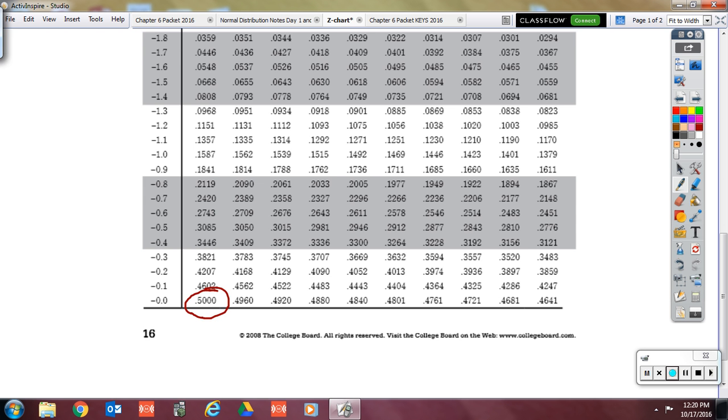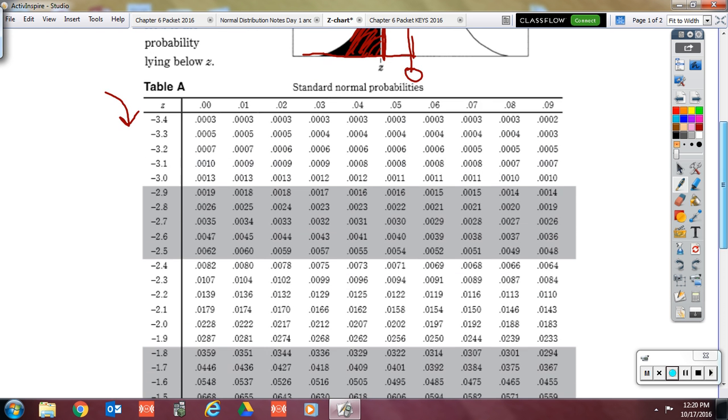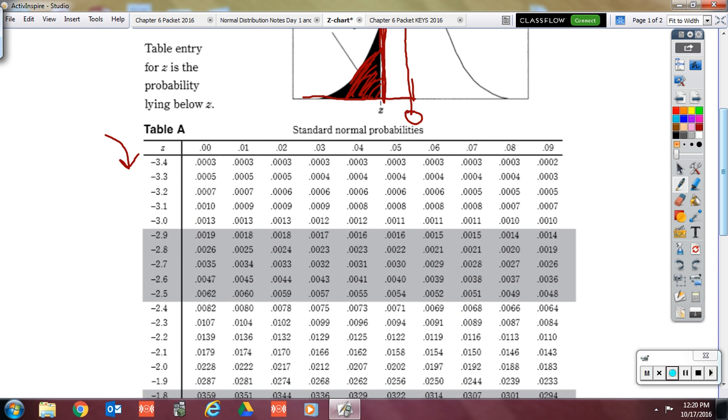For these numbers, it's kind of like a stem and leaf, where you've got a whole number in the tenths spot, and then these numbers across are the hundredths spot. So if I wanted to find negative 2.45, I would go to negative 2.4, and then go across to the 0.05 spot, and that would be the area below that z-score.